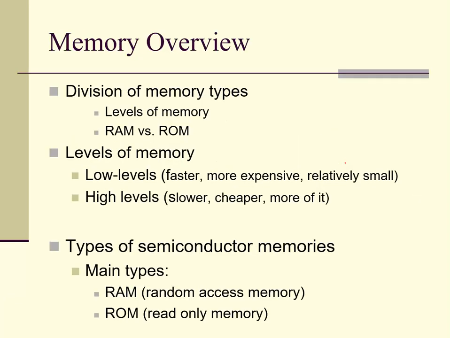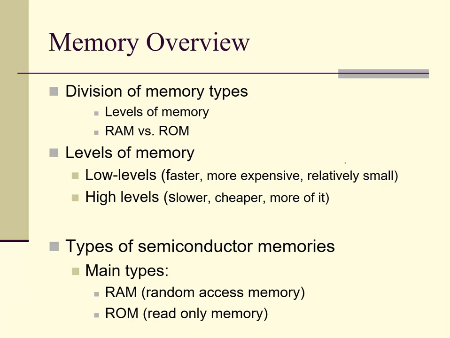Memory itself, we divide up into different categories, and we consider levels of memory as well as RAM versus ROM. In any computer architecture, we have different levels of memory. The lower levels of memory are faster, more expensive, relatively small, and they eat up more power.